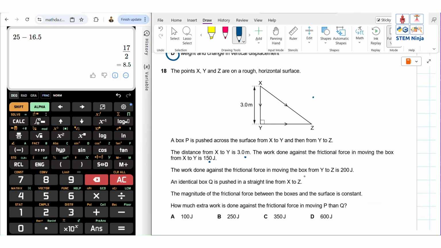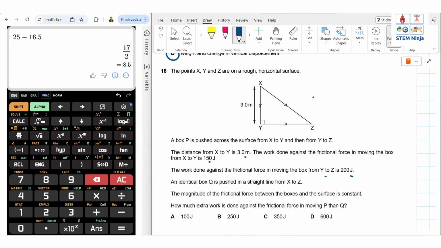Work done against frictional force in moving the box from Y to Z is 200 joules. An identical box Q is pushed along the straight line X to Z. The magnitude of frictional force between the boxes and the surface is constant. How much extra work is done against the frictional force in moving P then Q?